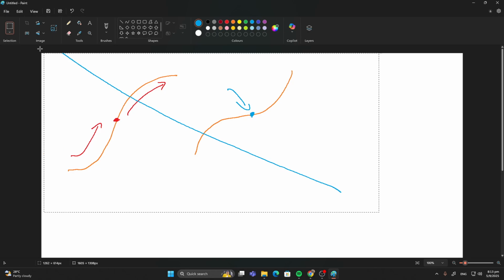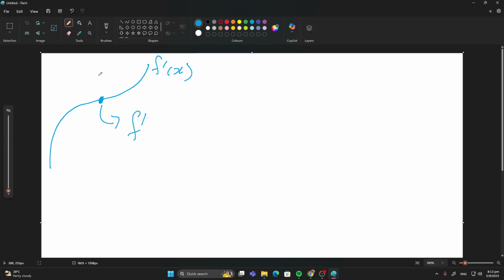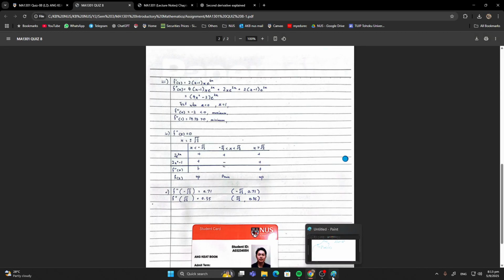So inflection point happens, remember that this graph is f(x), so the inflection point happens when the gradient of this equals 0.